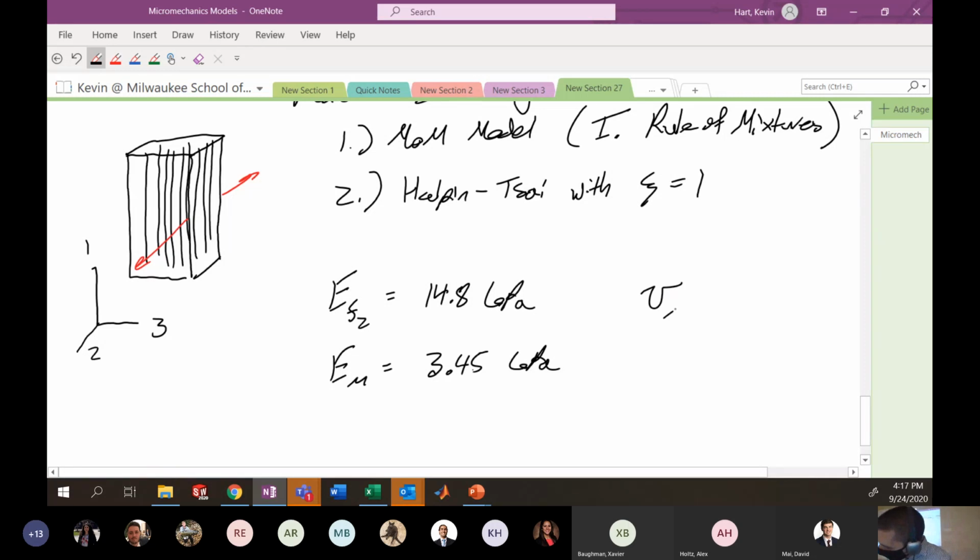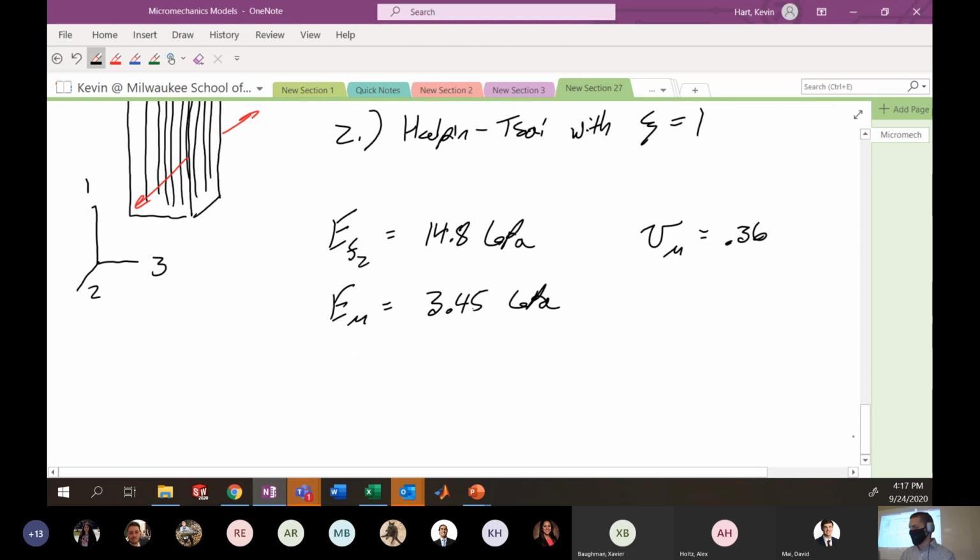The Poisson's ratio of the matrix we're given as 0.36. I'm trying to do my best with the script here so you can distinguish the lowercase; this is actually the Greek letter nu. And then capital V_f, this is the volume fraction, the amount of fibers in the composite, 65%, or 0.65.